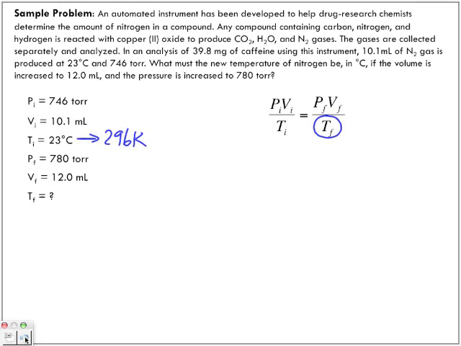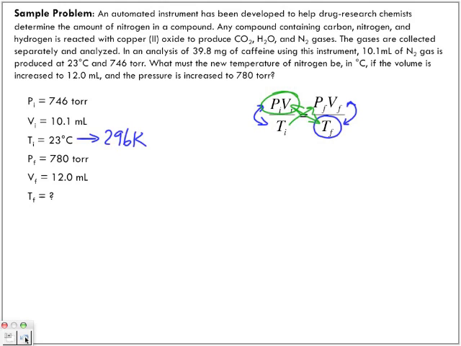Whatever we do to one side, we do to the other. Now what we could do is switch these two together, so the initial pressure and volume switch with the TF, and we're just bringing the TI over.